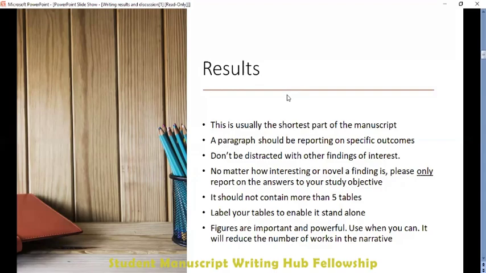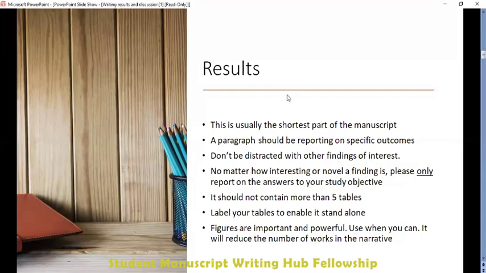Yes, you may have one figure talking to one objective, another table, but to have 10 tables in a dissertation is far too many. 5 tables is enough to capture whatever you want to capture, or maybe one or two figures to add to it. So you don't need to put a lot of tables in your write-up. 2-3 tables should do, but at most 5 tables should do.